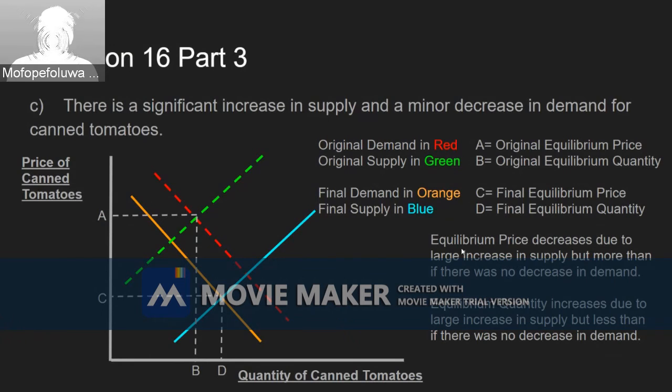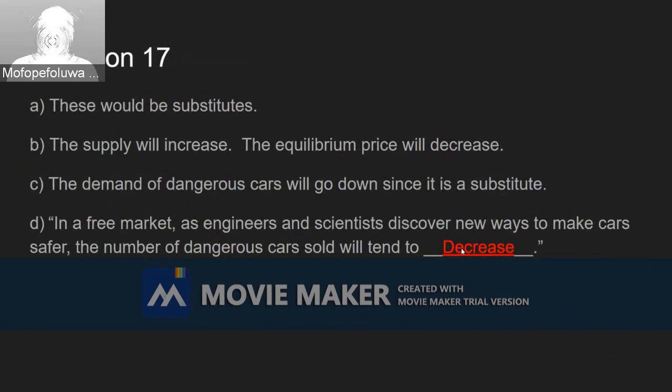And then for number 17, the two goods, the dangerous car and the safe car, are substitutes, as one can be traded in for the other. If it's easier to produce safe cars, then the supply of safe cars would increase.